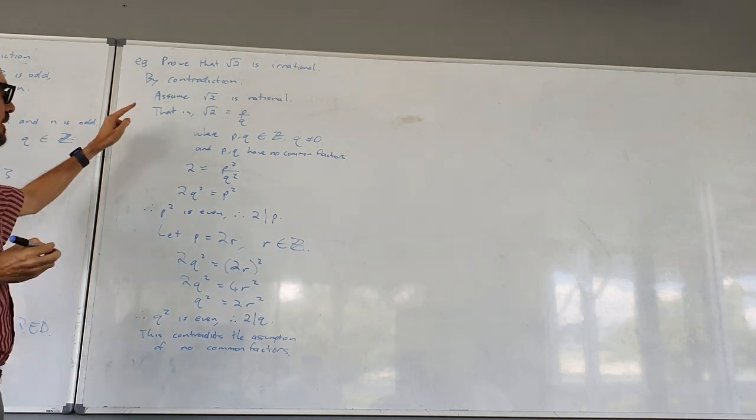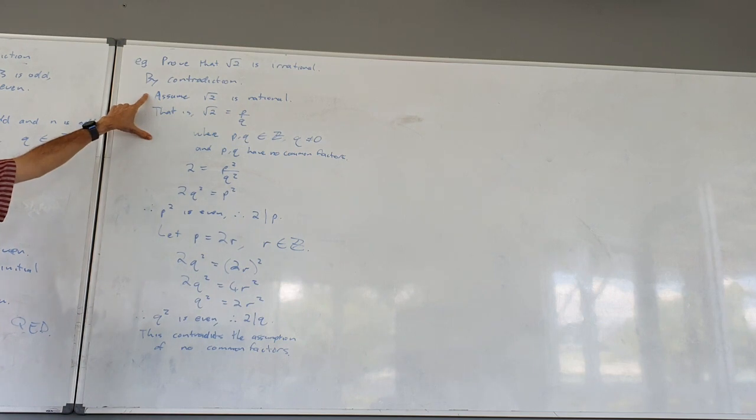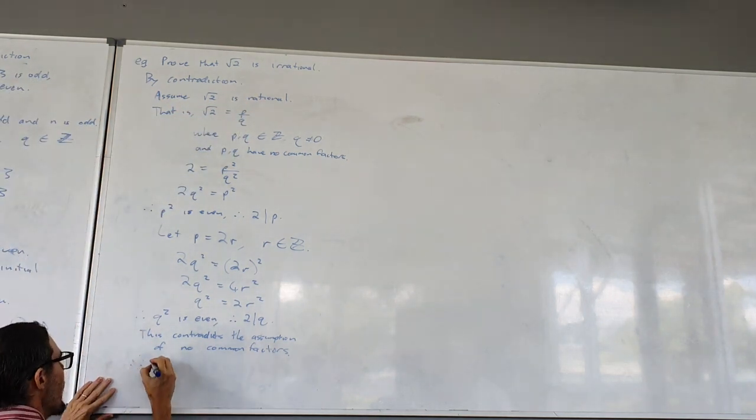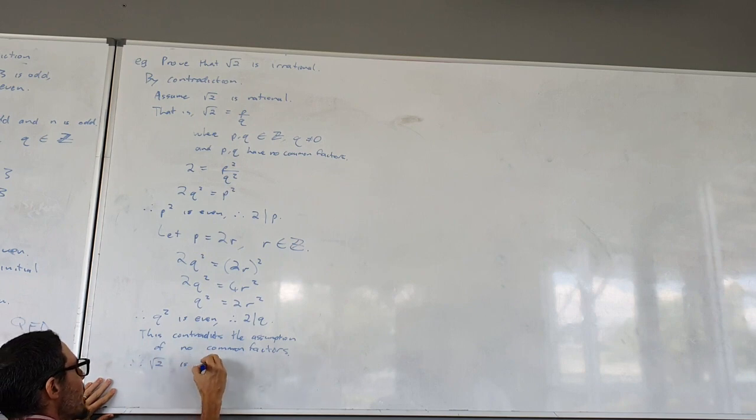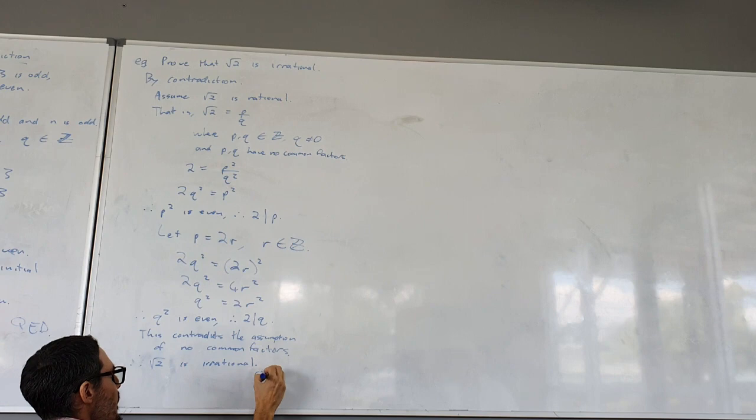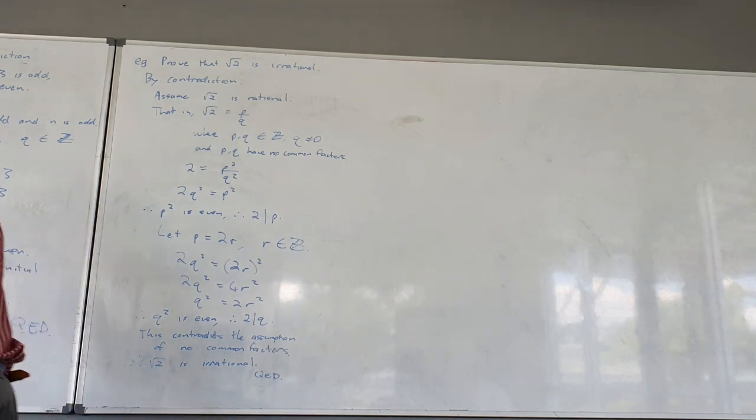Well, if this assumption is false, then it must be irrational. Therefore, square root of 2 is irrational. QED. Are you convinced?